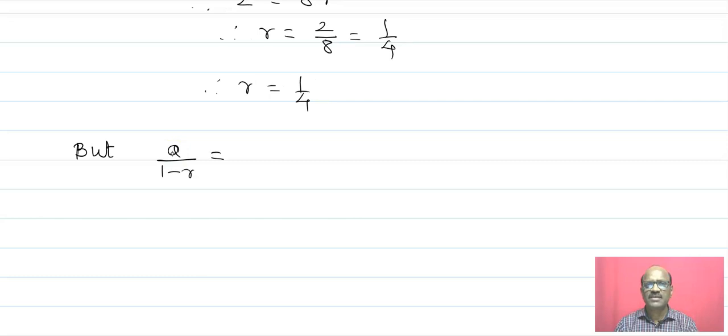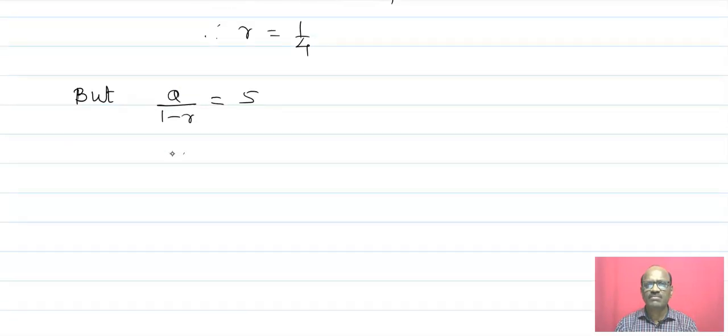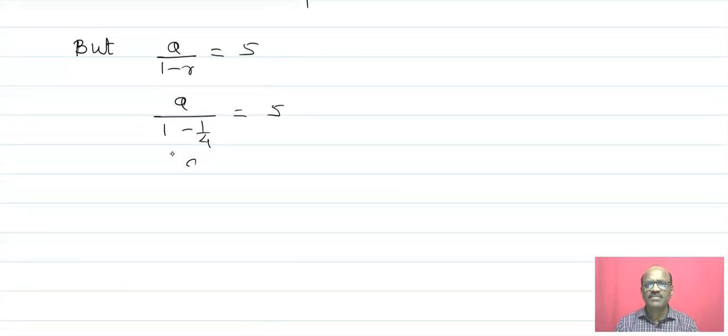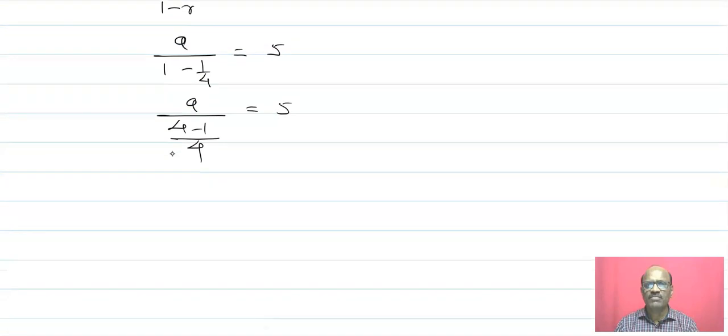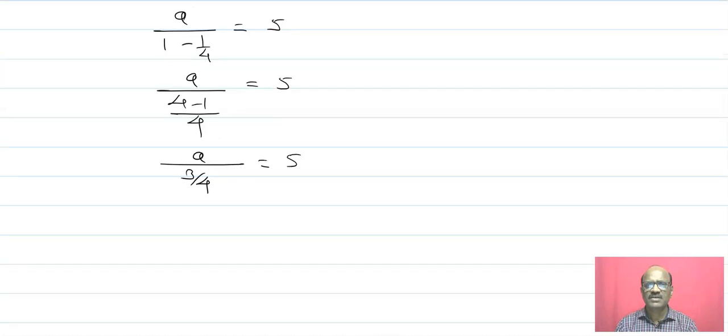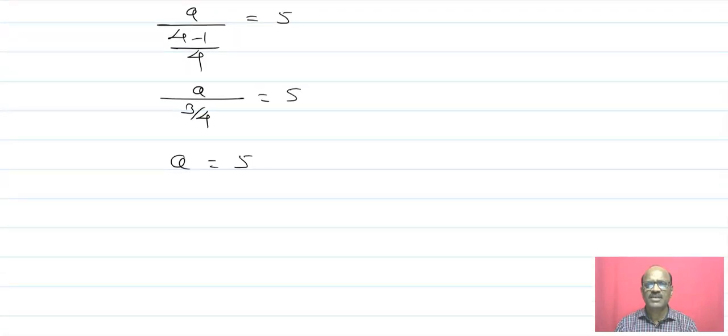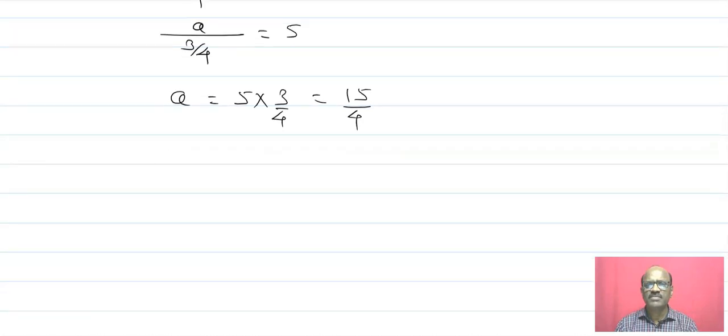But a upon 1 minus r is equal to 5. Therefore a upon 1 minus 1 upon 4 is equal to 5. After simplification, a upon 3 by 4 is equal to 5, so a is equal to 5 into 4 by 3, that is 15 by 4.